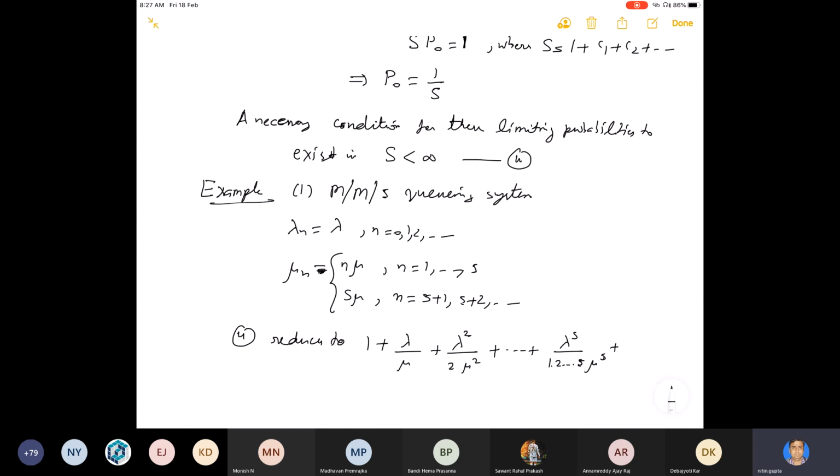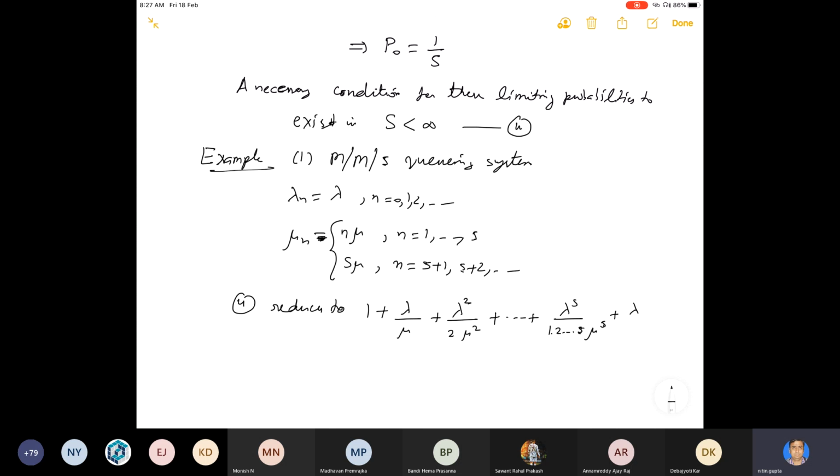In the last we will have lambda s plus 1 upon 1 into 2 into s, then s mu raised to power s plus 1, and so on. After that one more s will be there, so that will be s into s mu raised to power s plus 1 and so on.